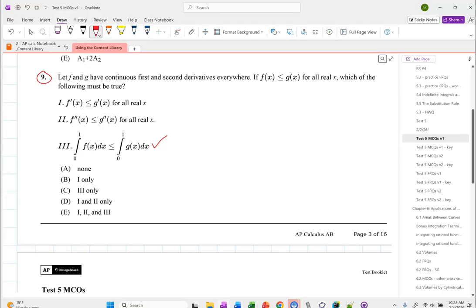Because if that's the case, then we can say E, right? Because it's between E and C. Which one's going to be easier to think about? First derivative. I would think so too, right? What is the first derivative basically saying? Slope. It's increasing or decreasing. So let's say this is G.